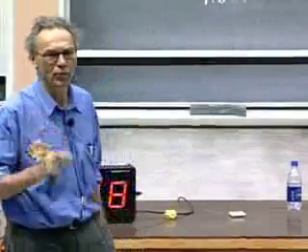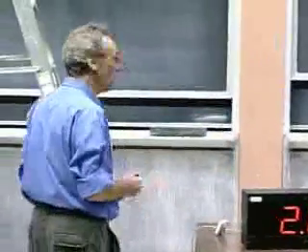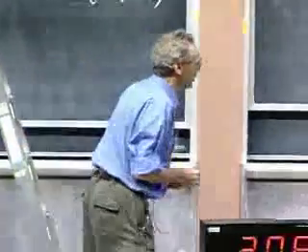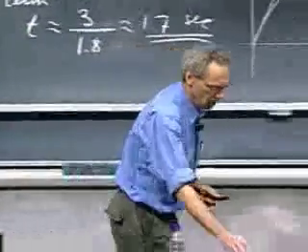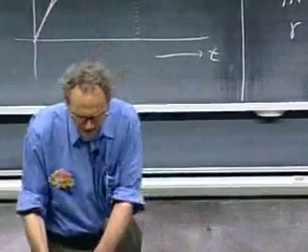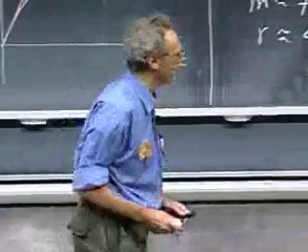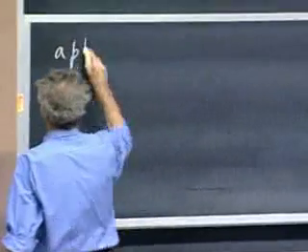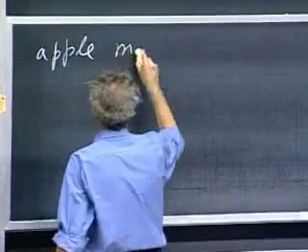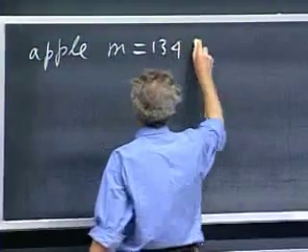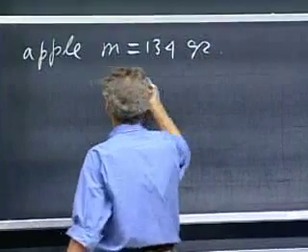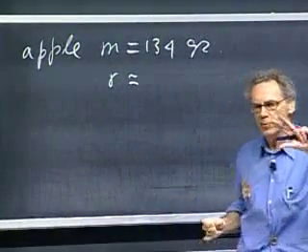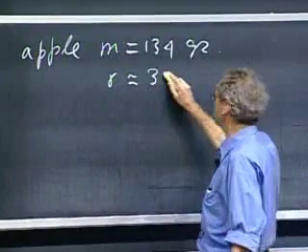Was it a responsible thing for us to ignore that? The apple has a mass of 134 grams. It's easy to weigh, of course. So this was our apple during our first lecture. M is 134 grams. It's almost a sphere, really. Not quite, but almost a sphere, and the radius is about 3 centimeters.